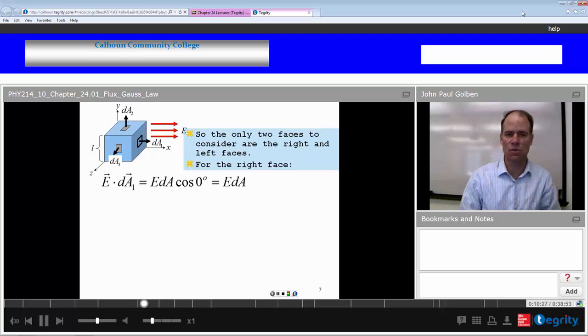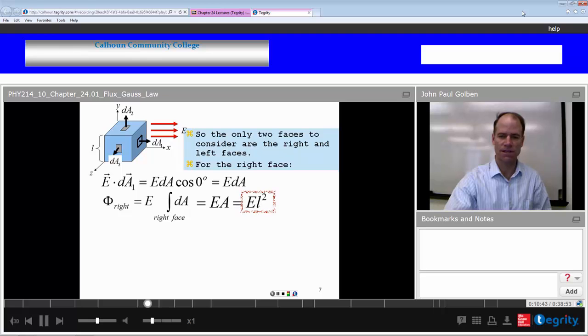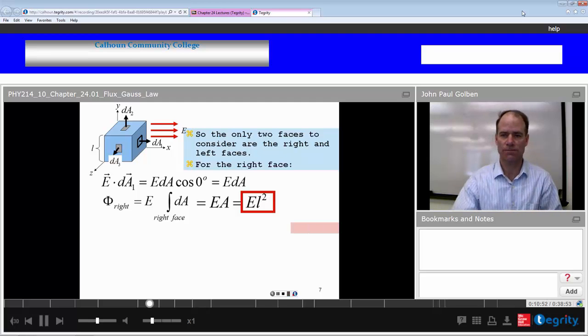Cosine of 0 is 1, so E dot dA is equal to E dA. E is constant on that surface. Take it out of the integral, and then we would integrate simply over the area of that right face. Well, the edge length is L, so the area of that right face is L squared. So our flux through the right face of this cube is EL squared.